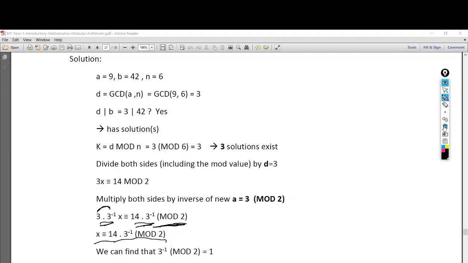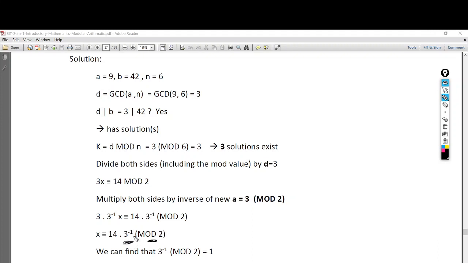Now in order to proceed, you want to find the inverse of 3 in mod 2. That is not a difficult thing, you can even guess and find it. Of course you can use Fermat's little theorem as well, because 2 is a prime number. You will find that value is 1. Anyway, this 3 can also be considered as 1, and 1's inverse is 1.